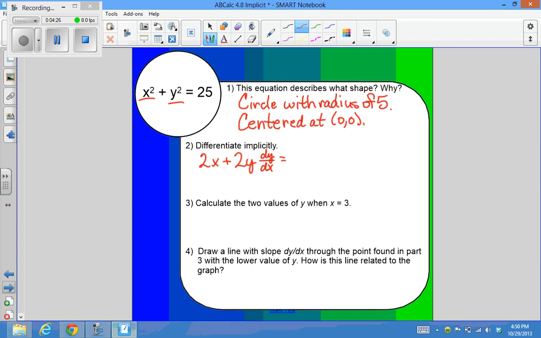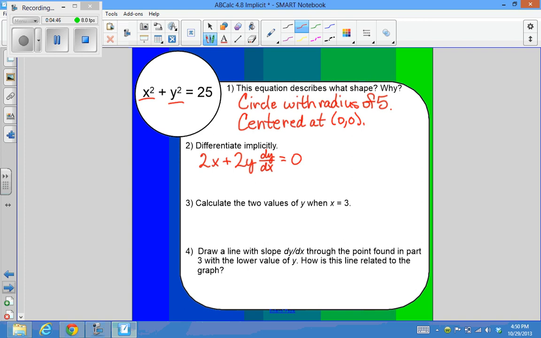Equals, derivative of 25 is 0. Pretty easy thing. I saw y in my problem. I was taking the derivative with respect to x. Therefore, I had to put the dy dx there to symbolize that that was what I was doing.